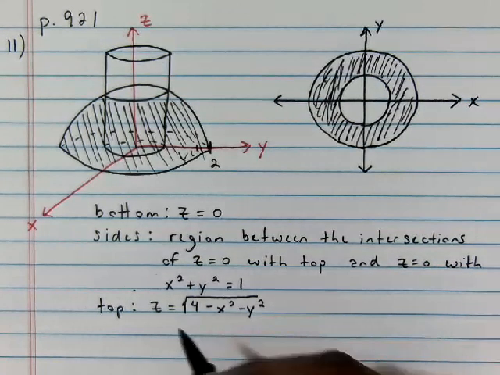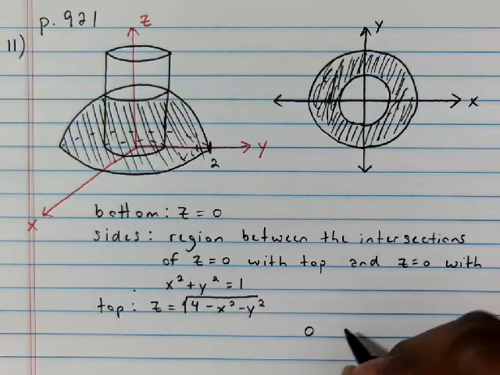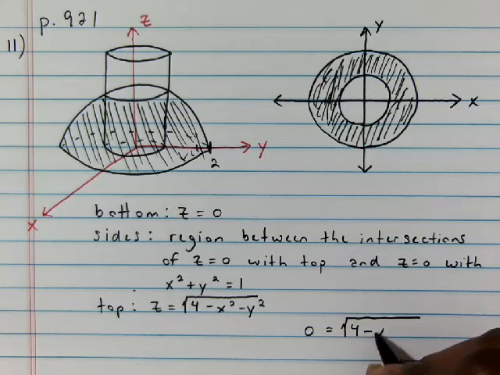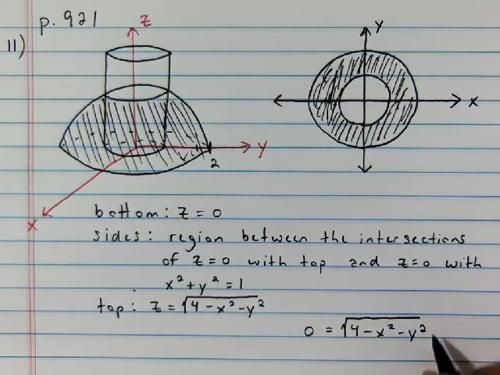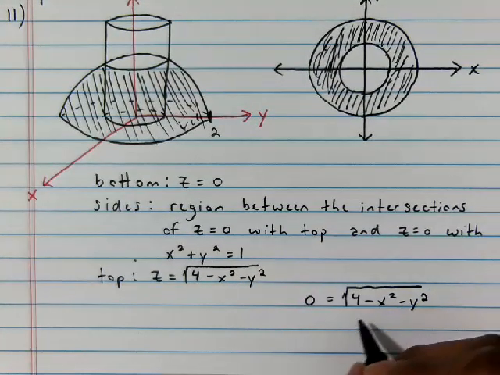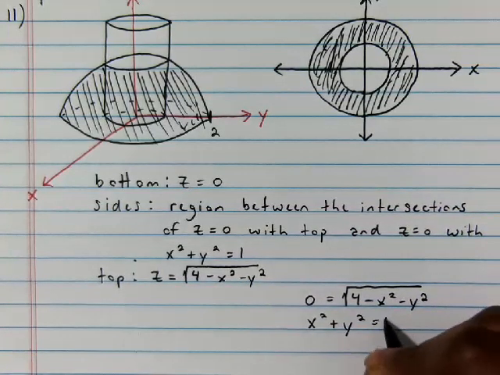So now let's do it over here. 0 equals the square root of 4 minus x squared minus y squared. Then square both sides of that, and we get x squared plus y squared equals 4.